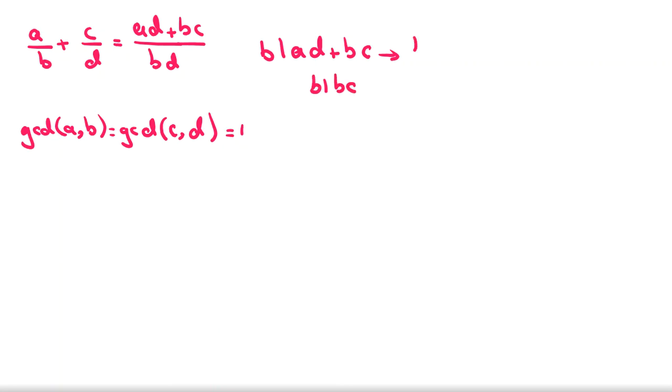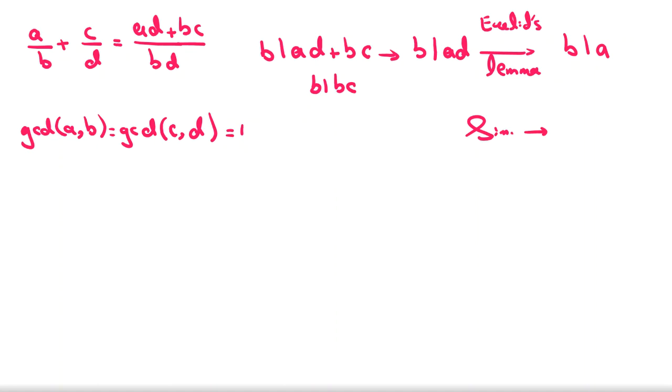You should know divisibility. If you don't know this sign and divides, you can send a message to my WhatsApp number in the description and comments, and I'll explain for you. b divides bc, so if you subtract, b divides ad. Because a and b are relatively prime, by Euclid's lemma you can get rid of a, so b divides d.